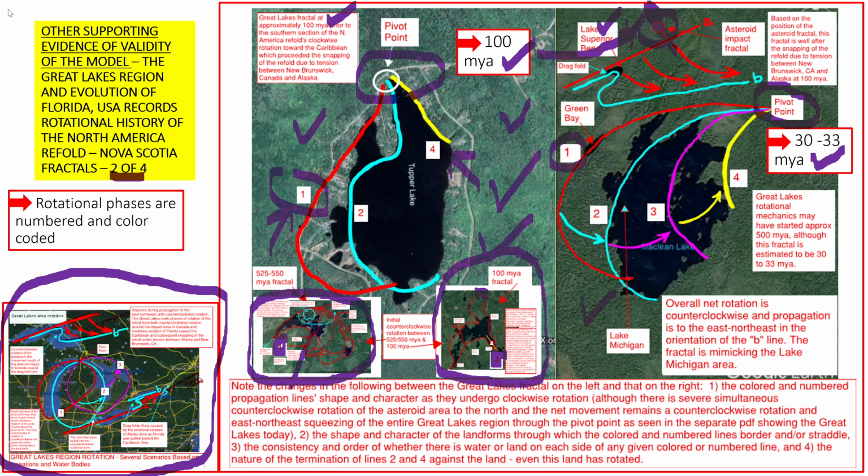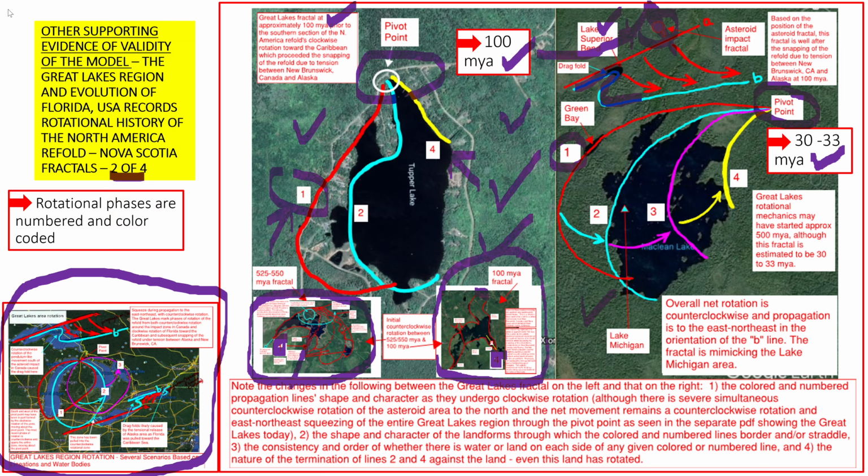I call it an asteroid impact fractal. It's really a Nastapoca arc fractal. And the drag fold from that pendulum-like rotation is where Lake Superior is, where I'm highlighting. That drag fold, S shape, whatever, in the Lake Superior area.